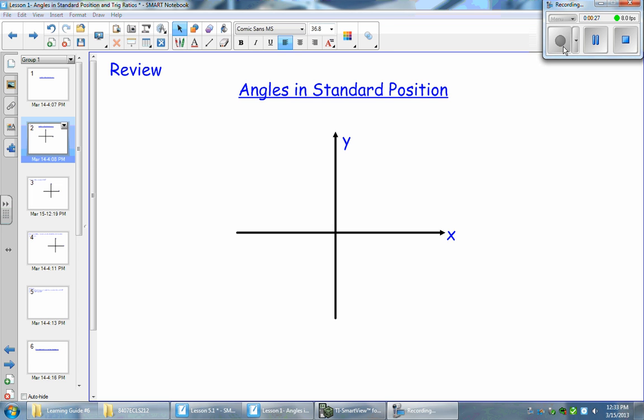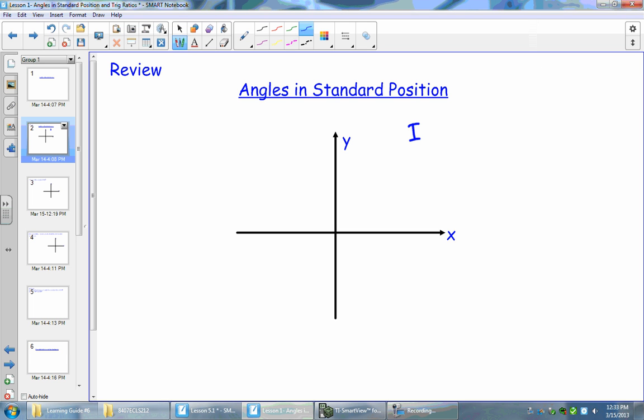So here's my Cartesian plane. We have 4 quadrants. First one being here, second being right there, third is down here, and finally quadrant 4. An angle in standard position is produced by what we call an initial arm. So the initial arm lies along the positive x-axis.